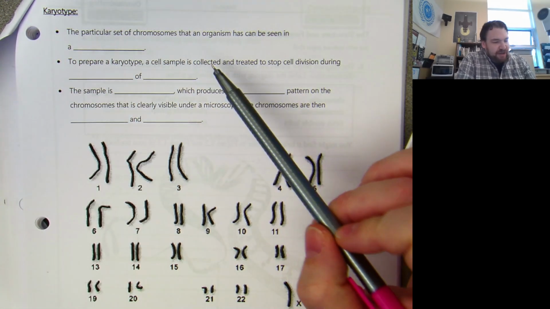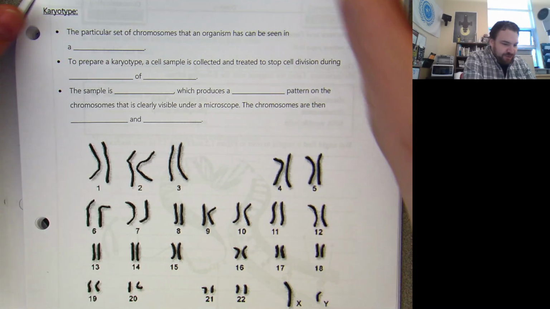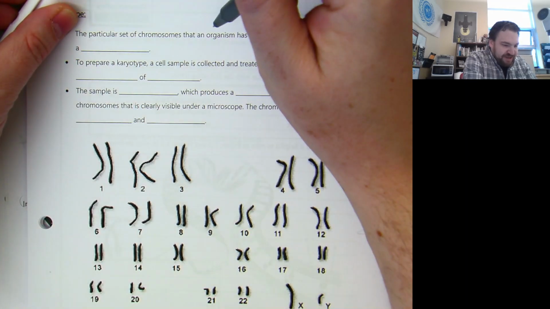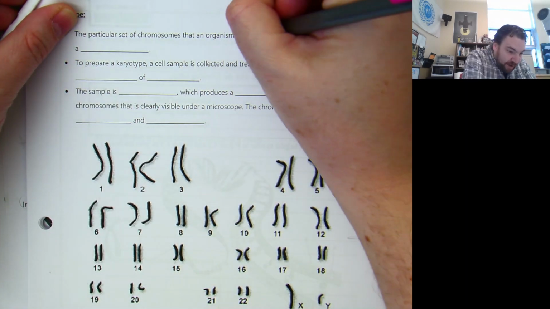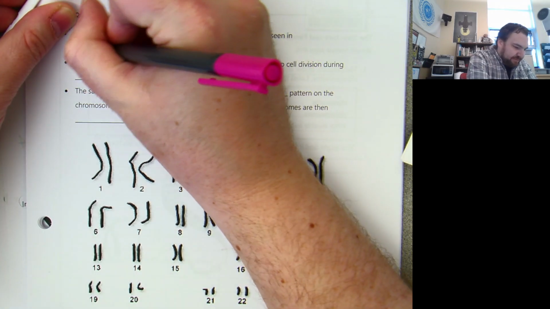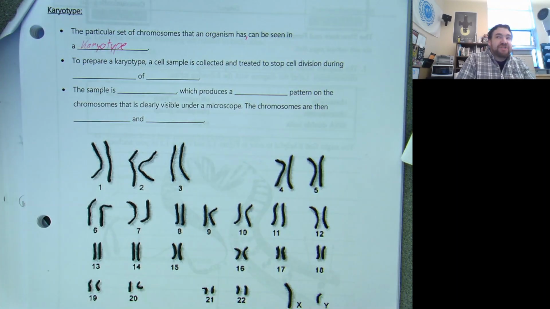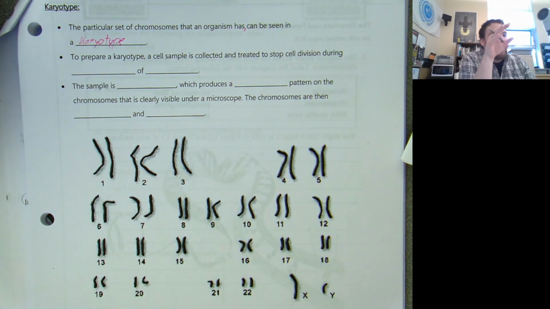So, the particular set of chromosomes that an organism has can be seen in a karyotype. Punctuation is important. So each one of you guys would have your own version of this.